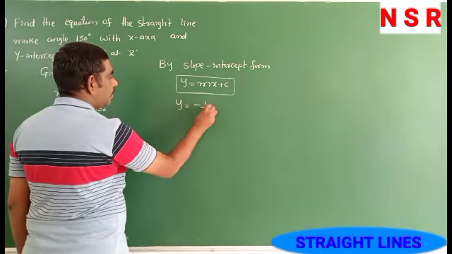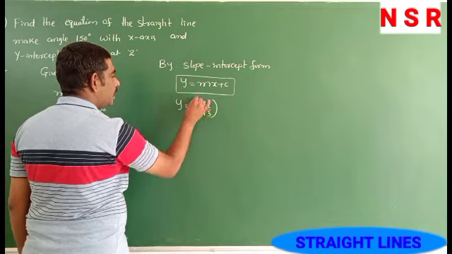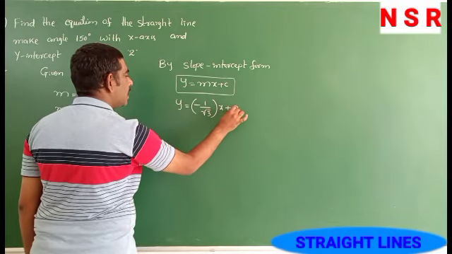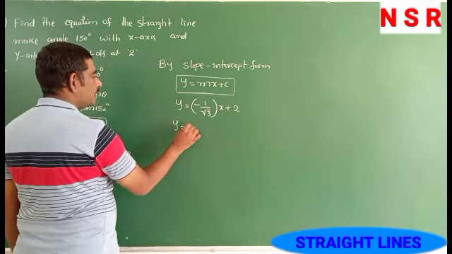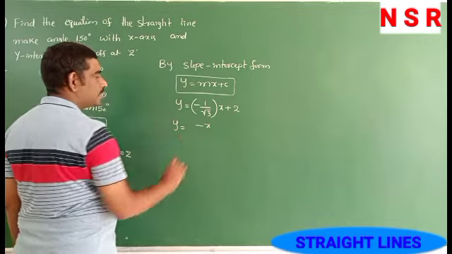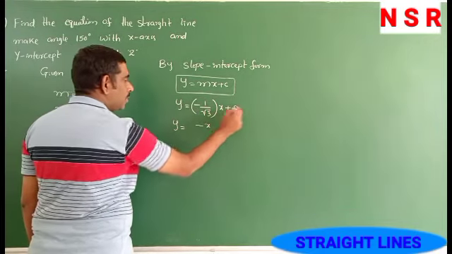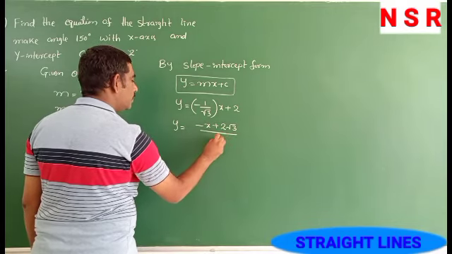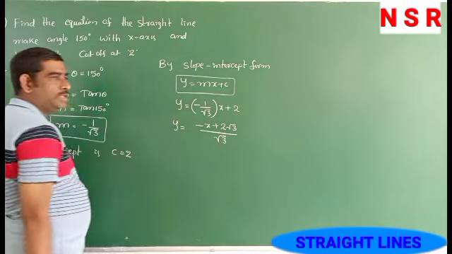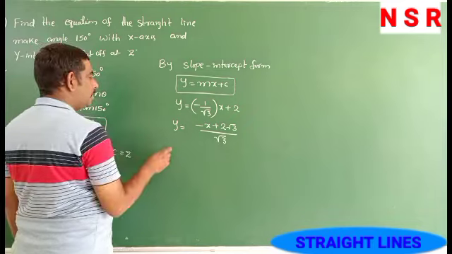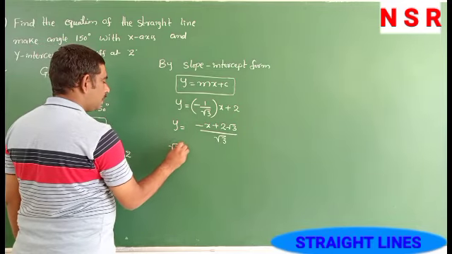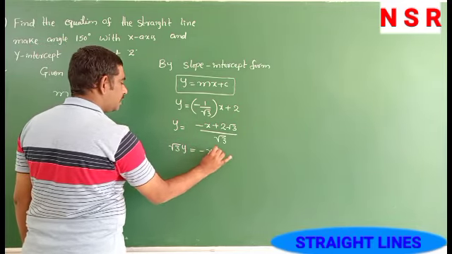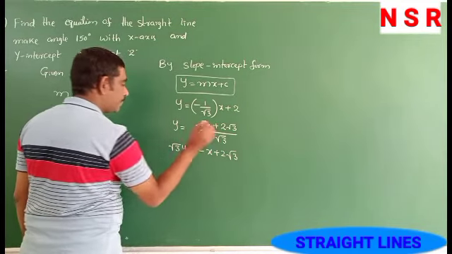So y is equal to minus 1 by root 3 into x plus c value 2. So y is equal to minus 1 into x minus x, root 3 multiply here 2 into root 3, 2 root 3 by root 3. So LCM is root 3. Root 3 multiply here, root 3 into y, root 3y equal to minus x plus 2 root 3.